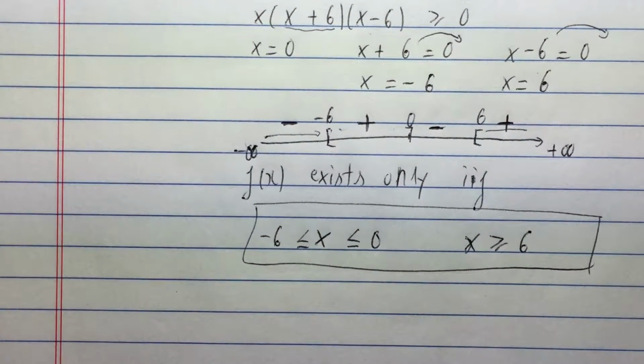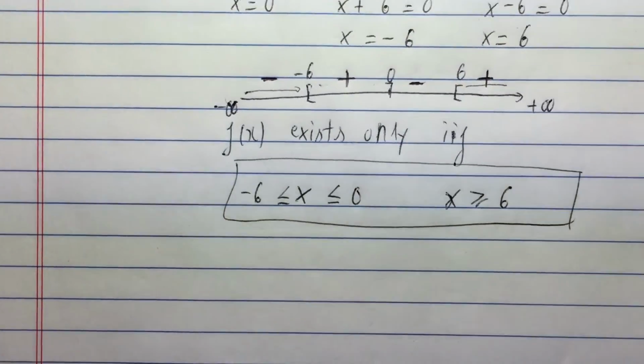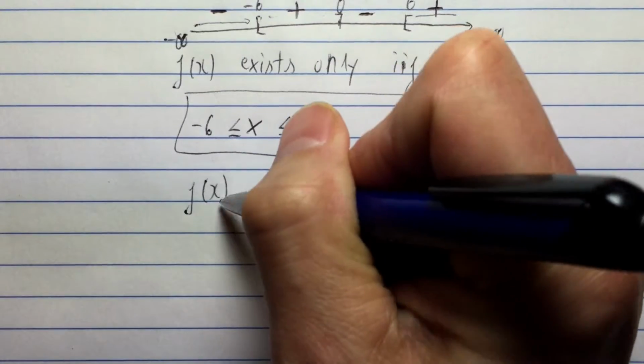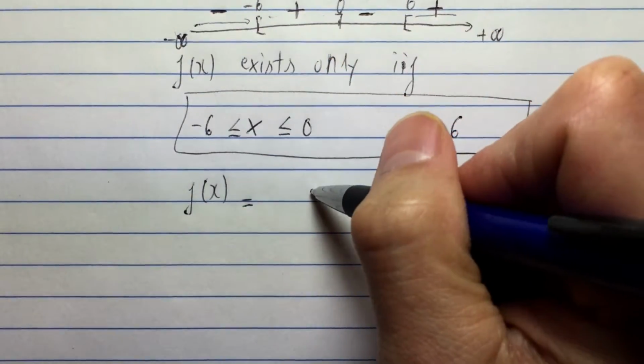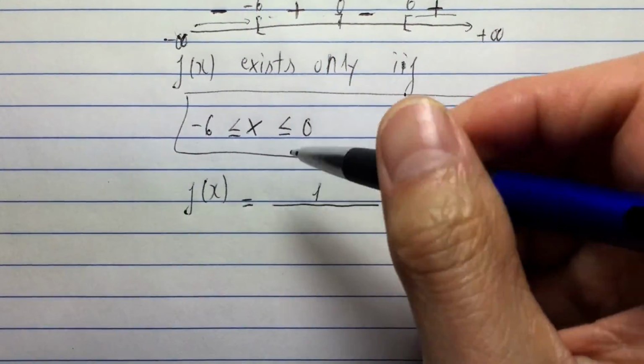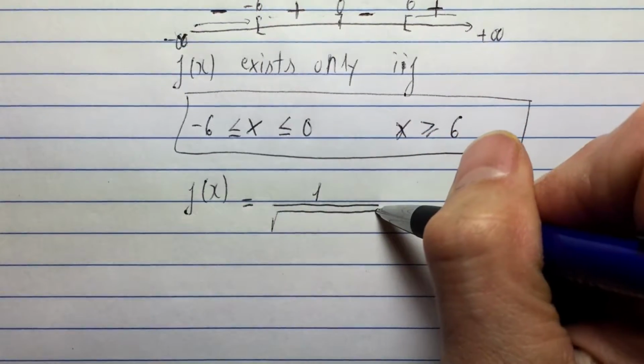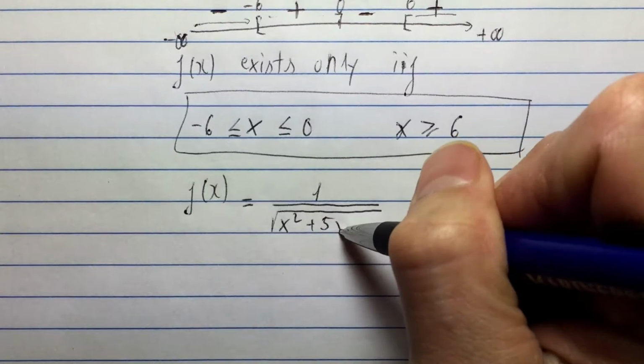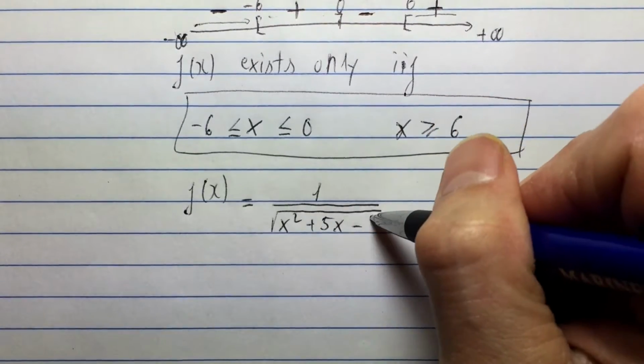Now I do another example. I have a function f(x) equals 1 over the square root of x squared plus 5x minus 6.